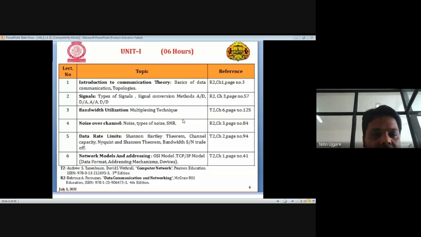So in today's session, we have decided to discuss multiplexing techniques for bandwidth utilization. How can we utilize the bandwidth of a given link or transmission medium to transmit multiple data signals? That is today's agenda.